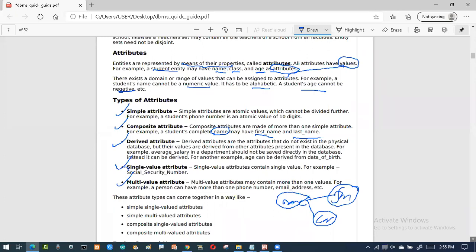For example, I have my date of birth, DOB. Based upon that I will have age. This age will keep changing depending upon the date of birth you specify.